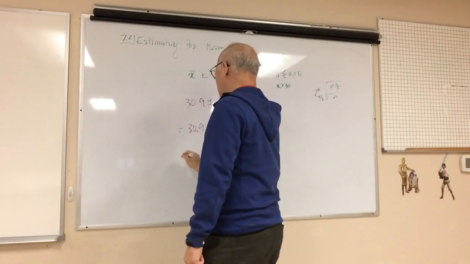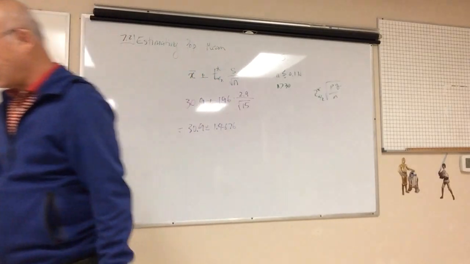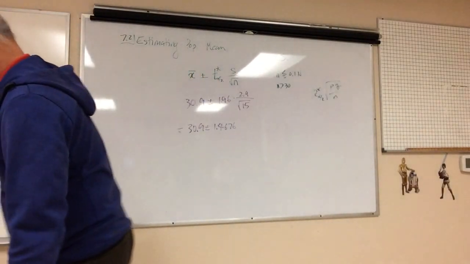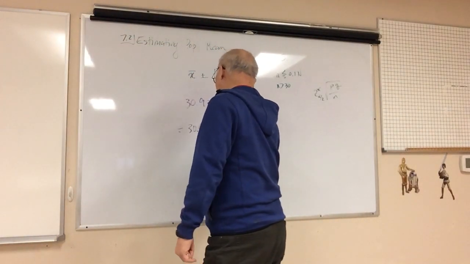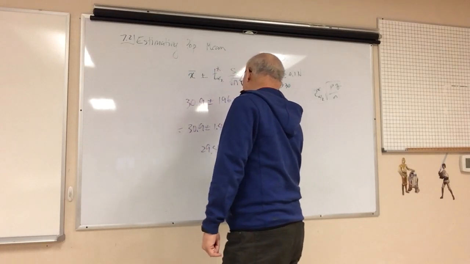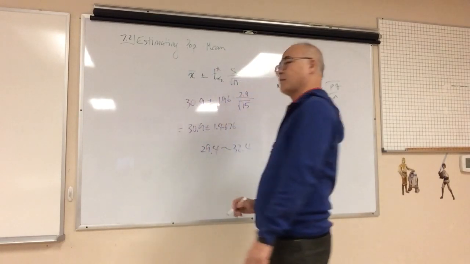So which means that this is going to be 29.4 to 32.4.